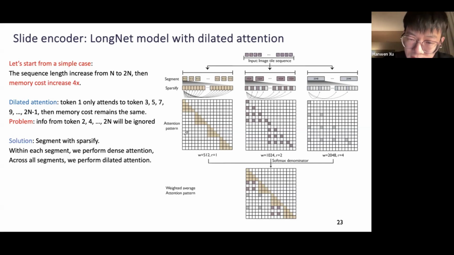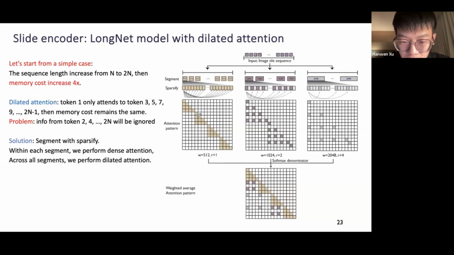So the beauty of the algorithm is that if we already perform the dense attention within each segment, then across different segments, if we still perform the dilated attention, for example, on the first fragment and the third fragment and the fifth fragment, we don't actually need to calculate attention to every token, because within each segment, one token already represents all the information within that segment. So that makes us free to increase the dilated ratio.